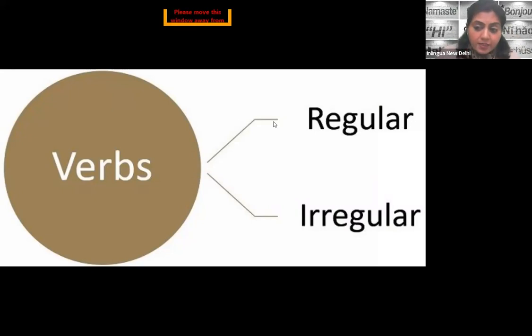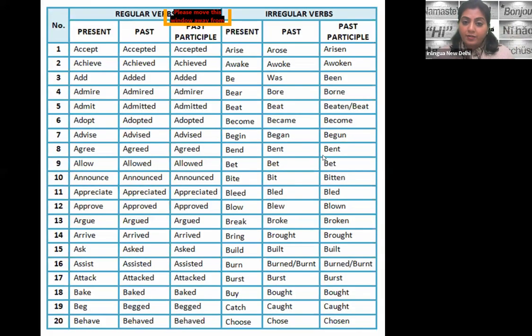There are two categories of verbs, regular and irregular. Let's look at a quick chart. Now, what we do is when we need to change the word only by adding a D or an ED or an IED, this kind of action word falls under the regular category.